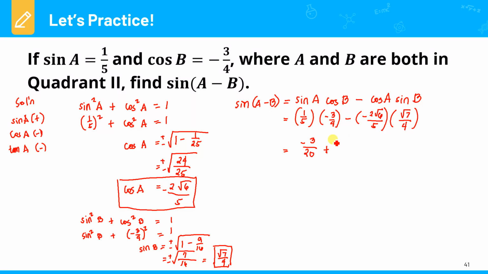So you have 2 square root of 42 over 20. So simplify: we could have negative 3 plus 2 square root of 42 over 20. And this is now our final answer.